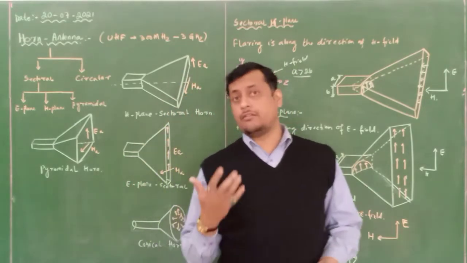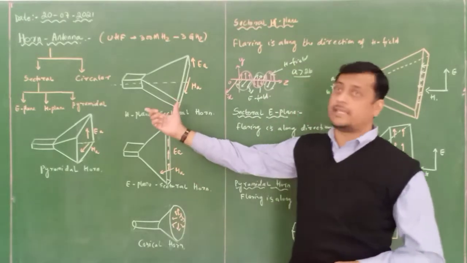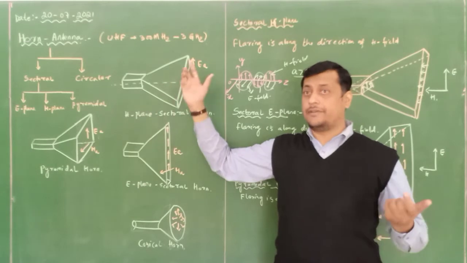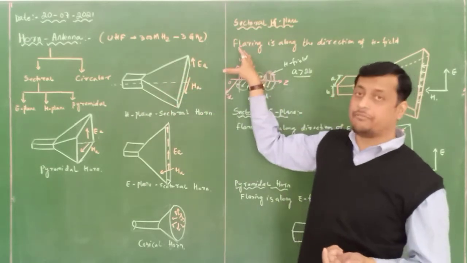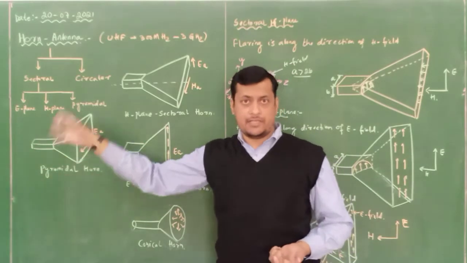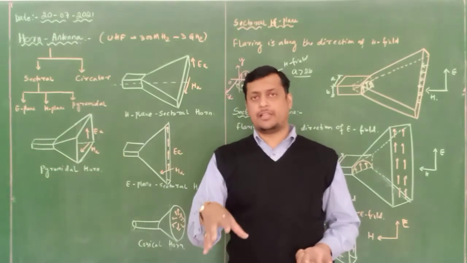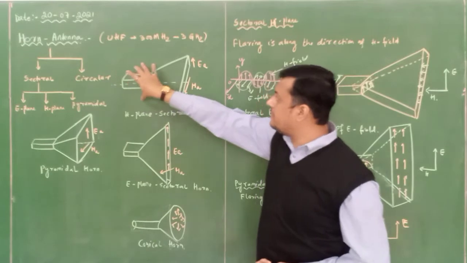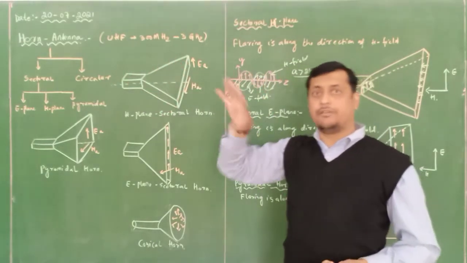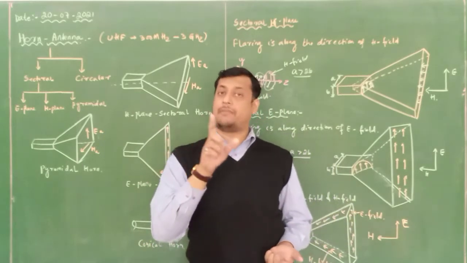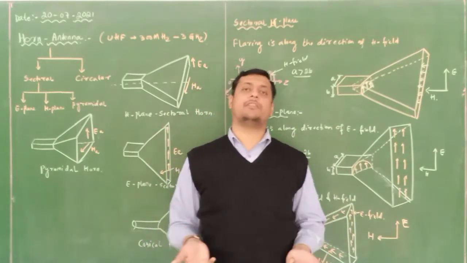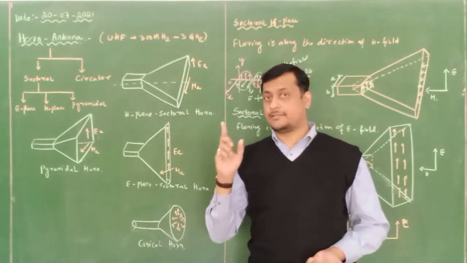Now when we are going to deliver, this structure has its own impedance. Okay. Now when this structure delivers the information to the free space, whether it is H plane, whether it is E plane, whether it is pyramidal, one by one we will discuss. But for the time being, I am telling, when the wave is within this device and the wave is coming out from that device to the free space, your impedance matching must be done. Okay. If the impedance is mismatched, we cannot deliver the maximum information. So this is the third point.